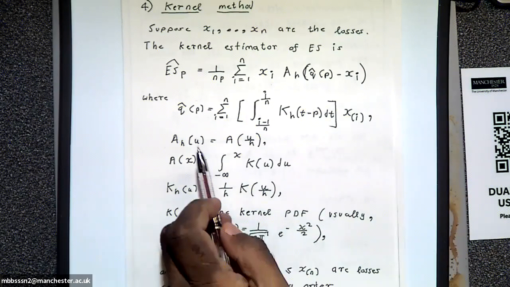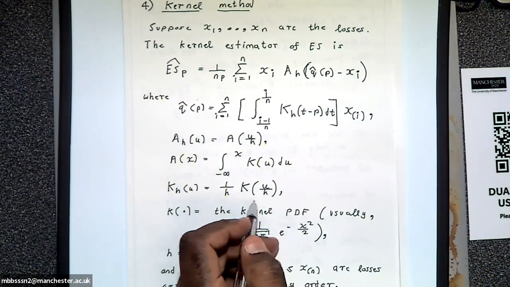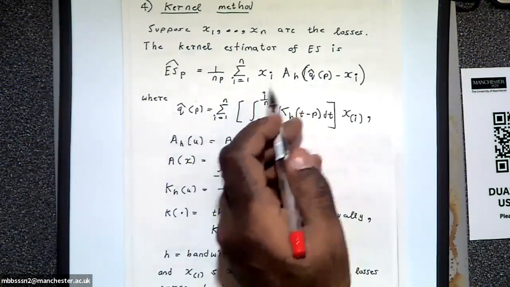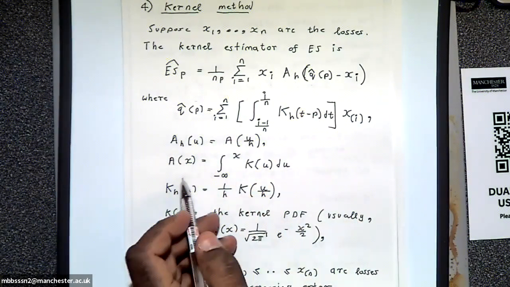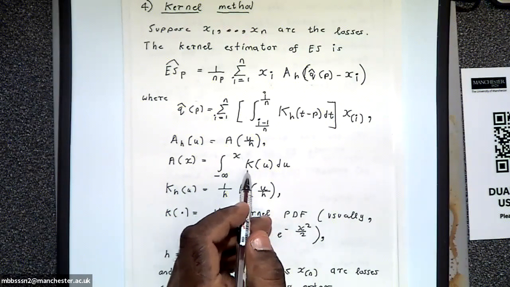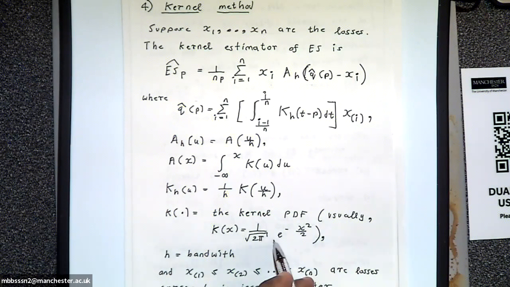Okay, and A_h here is given by this formula, where A is the integral of the kernel function K. K is the kernel function, and is usually taken as the PDF of the standard normal distribution. I'm sure you remember this.